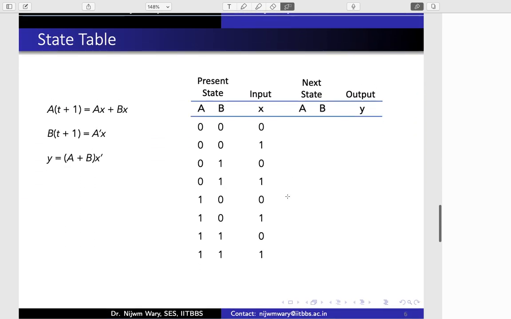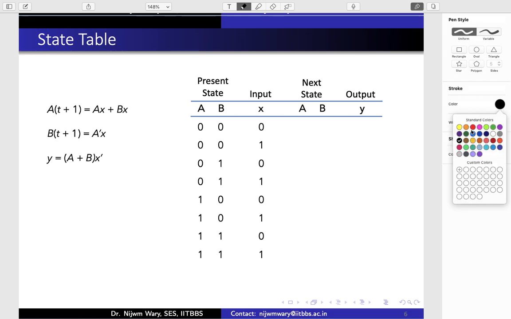So this is how a state table is written. I have my present state and I have this input. This is my input, and this is the next state, and this is the output.